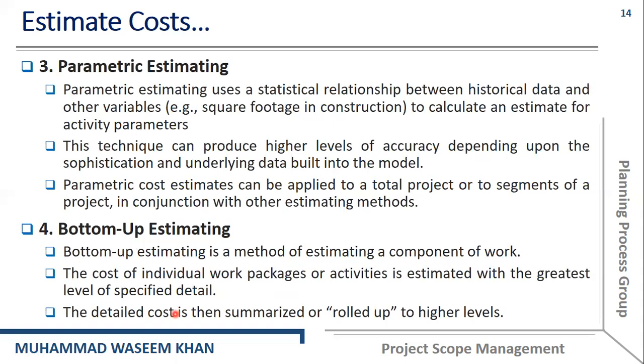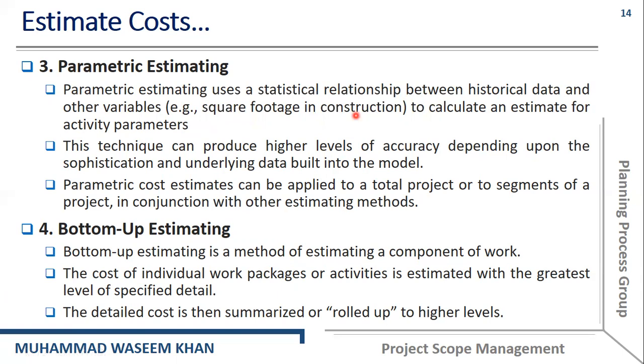Then we have parametric estimation. As we have already discussed in the schedule management chapter, parametric estimating uses a statistical relationship between historical data and other variables, for example, the square footage in construction, to calculate an estimate for the activity parameters. We discussed this example in that chapter.